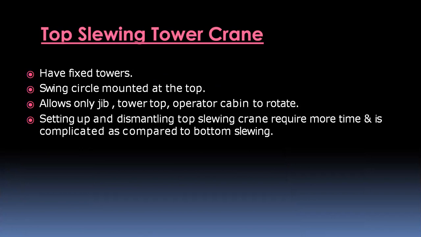The swing circle mounted at the top allows only the jib, tower top or operator cabin to rotate. Setting up and dismantling a top swing crane requires more time and is more complicated as compared to bottom slewing.